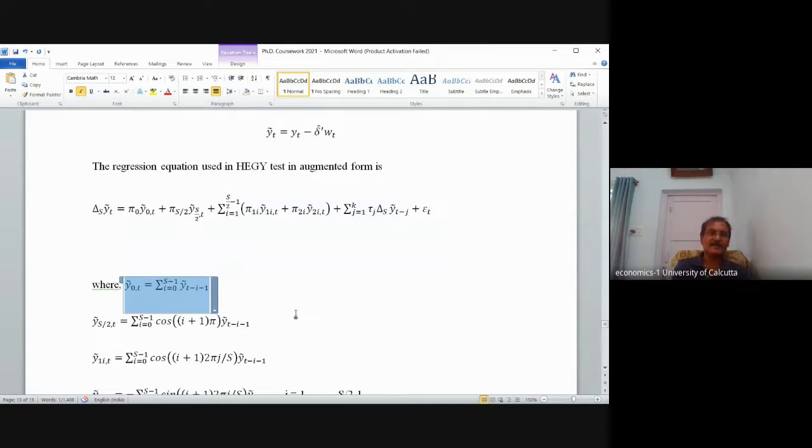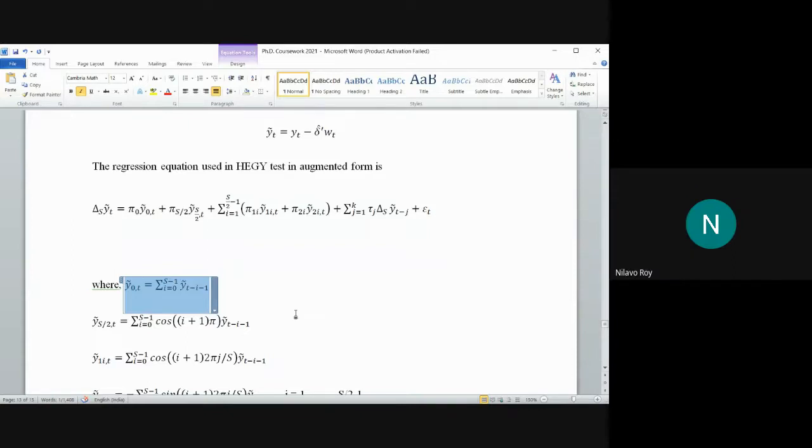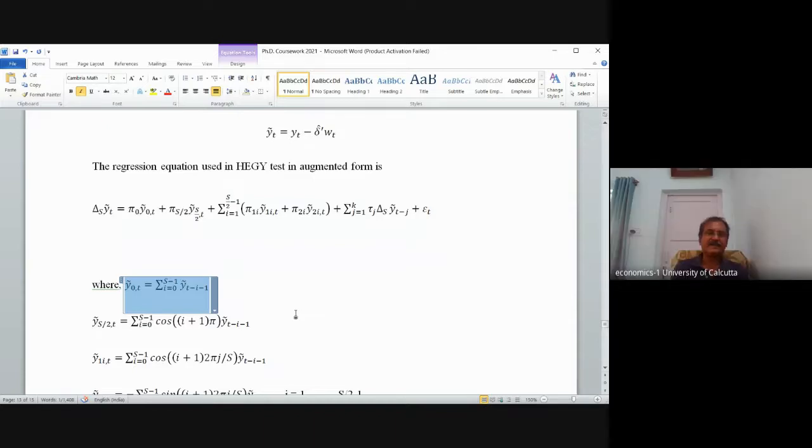Quarterly series এর ক্ষেত্রে কি হবে এই ভ্যালুটা বলো। Sir, y tilde naught t is equal to sum over I running from 0 to 3 y tilde t minus I minus 1. এটাকে এক্সপ্যান্ডেড ফর্মে লিখলে কি হবে? Y tilde t minus 1 plus y tilde t minus 2 plus y tilde t minus 3 plus y tilde t minus 4.